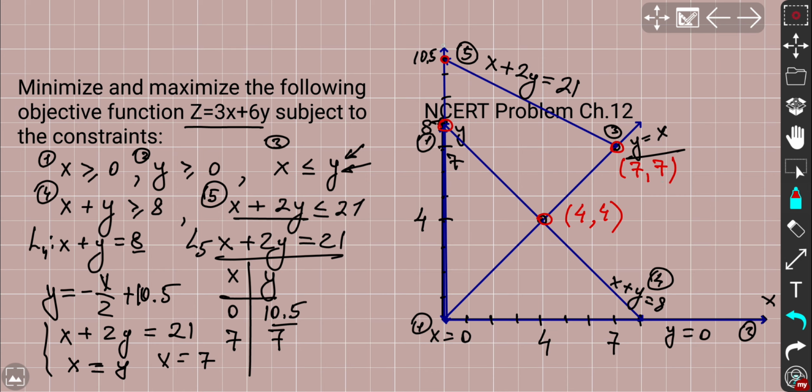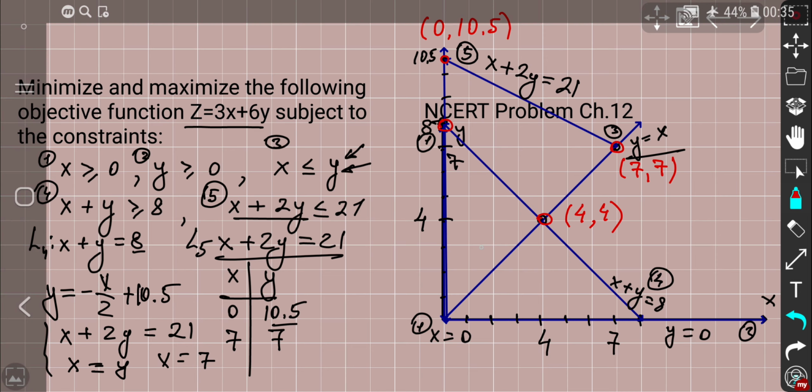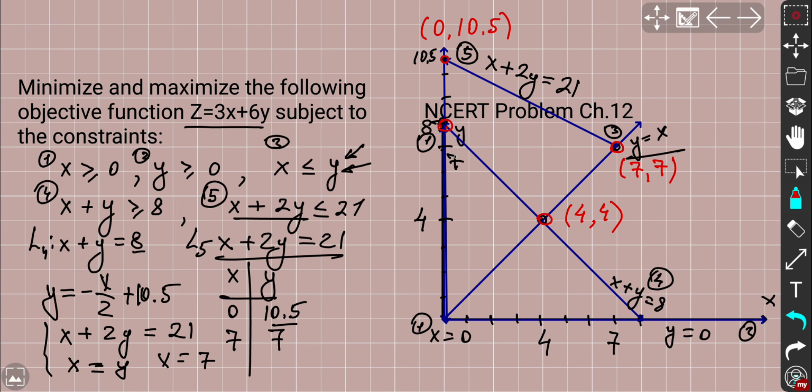We also want to say that this is 0 and 10.5. And the last one is here with coordinates 0, 8. Okay, we've got 4 vertices. I can mark them using the letters. Let's say A, B, C, and the last one D.